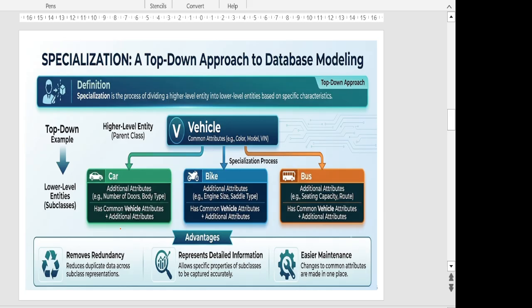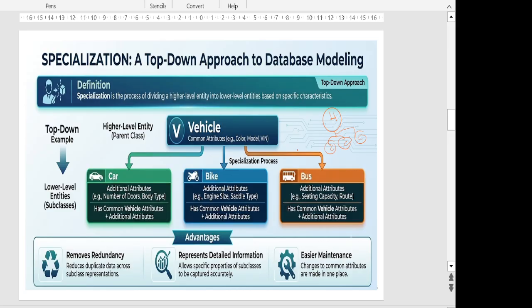Next, specialization. So what is specialization? Specialization is a process of dividing a high level entity into lower level entities based on their characteristics. From this high level entity, we divide into low level entities based on their characteristics.